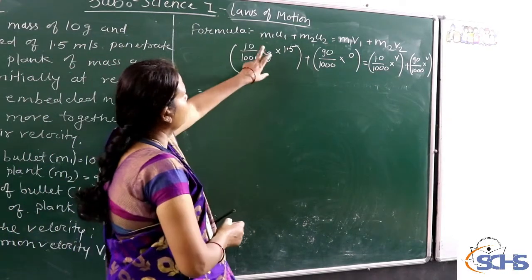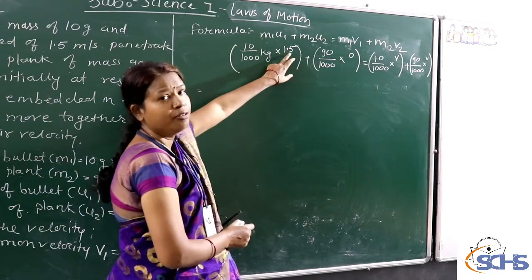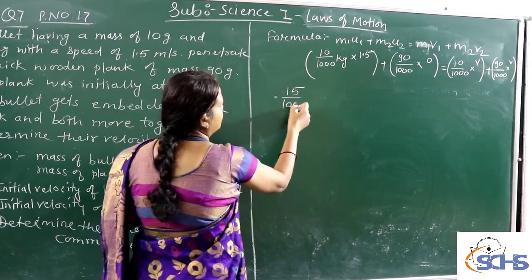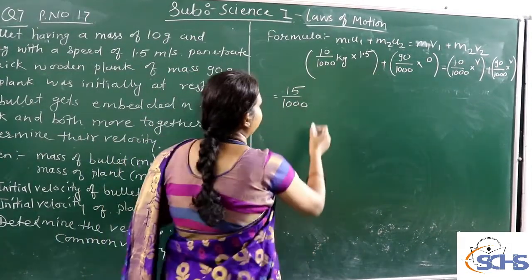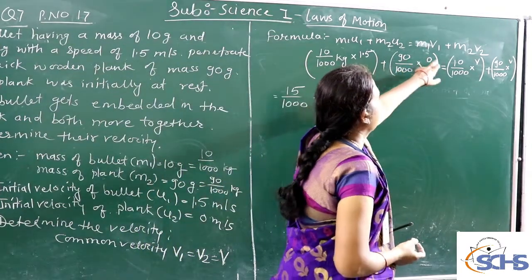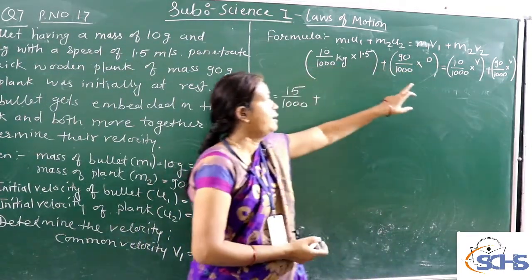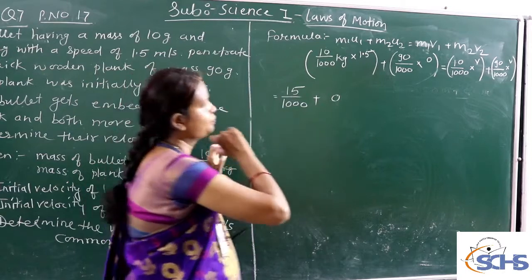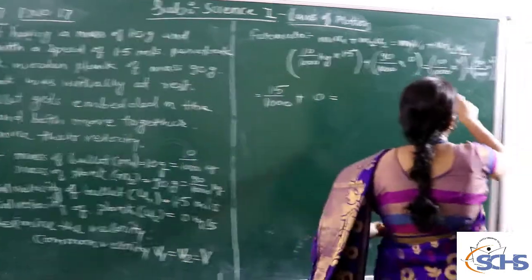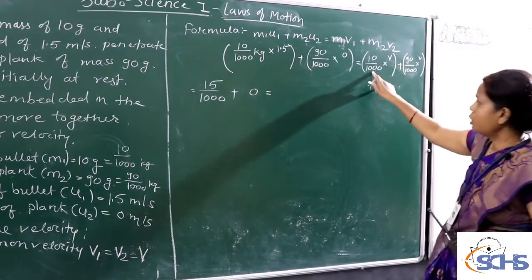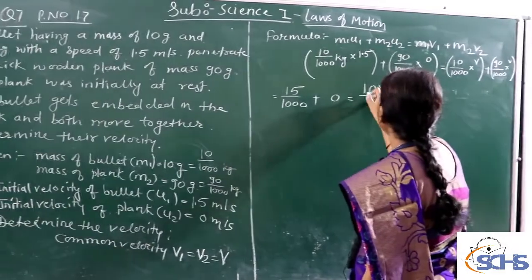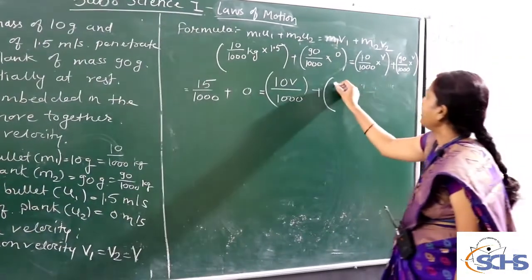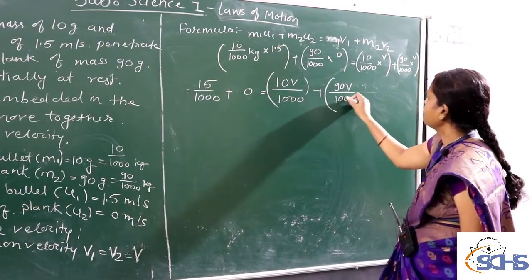Is equal to, multiply 10 with this 1.5, you will get 15 upon 1000 plus this whole value becomes 0 because we have to multiply 90 upon 1000 by 0, so our value becomes 0, equal to 10v upon 1000 plus 90v upon 1000.